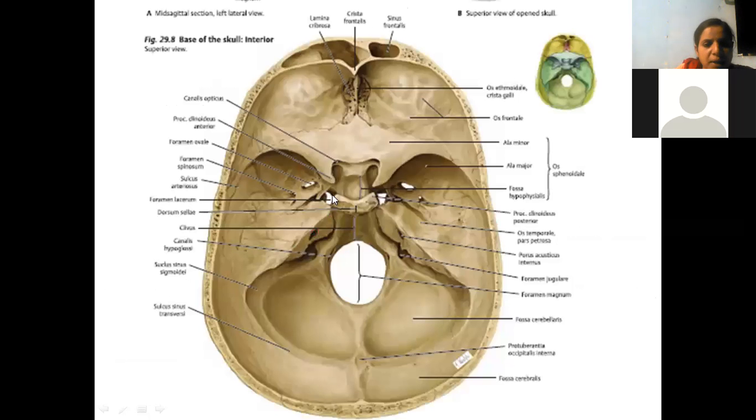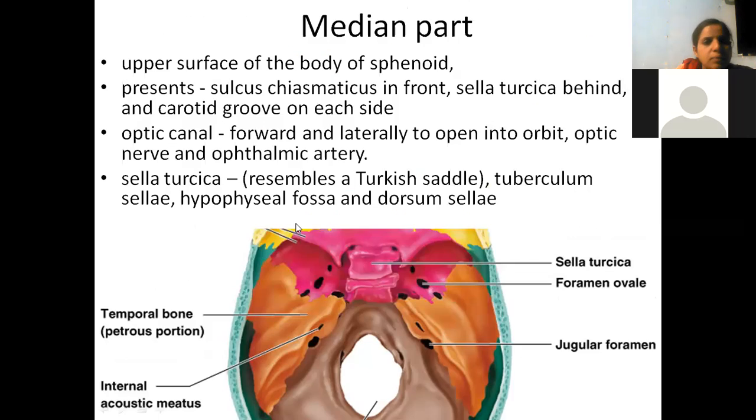In the median part, the upper surface is the body of the sphenoid bone. It is like a butterfly, sphenoid bone, isn't it? It presents the sulcus chiasmaticus in front, sella turcica behind. The carotid groove will be here on either side, because the internal carotid artery comes here.